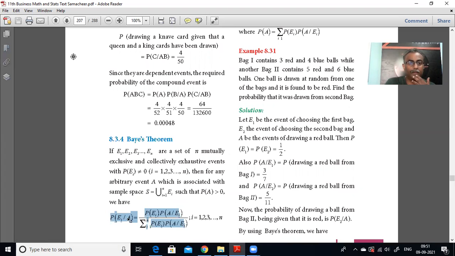So the probability of E_i given A is equal to P of E_i into P of A given E_i, the reverse. See, remember how the formula comes.